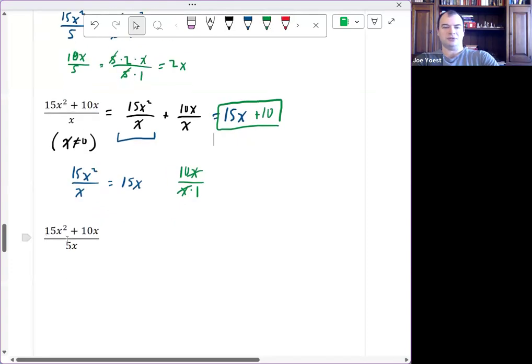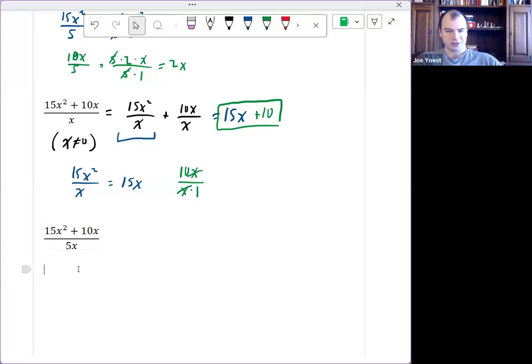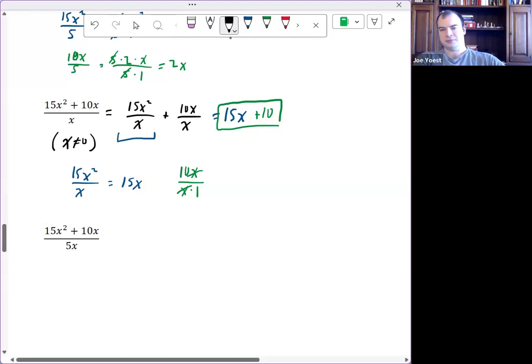Or what if I have something like this, 15x squared plus 10x, all divided by 5x? Something that's now looking more like a monomial, 5x. Well, 5x is still just the common denominator. I can just do 15x squared divided by 5x plus 10x divided by 5x.